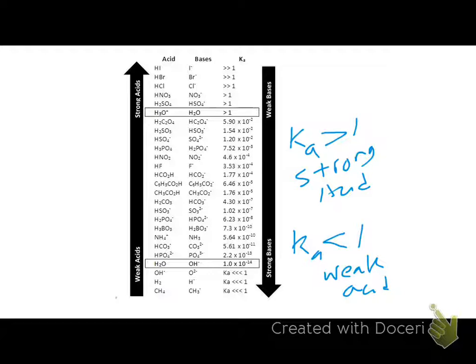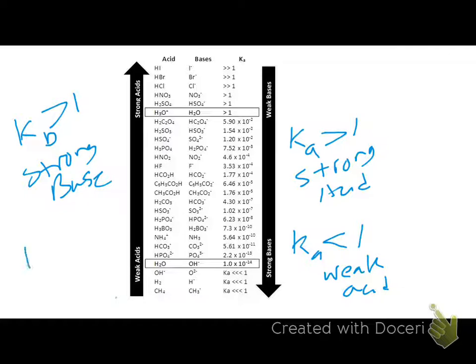A Kb value greater than 1 means you have a strong base, and a Kb value less than 1 means you have a weak base. Now, what does this actually mean, strong and weak? We're going to talk about that in just a moment.